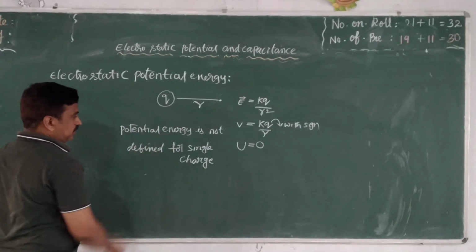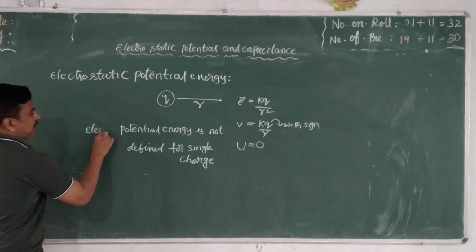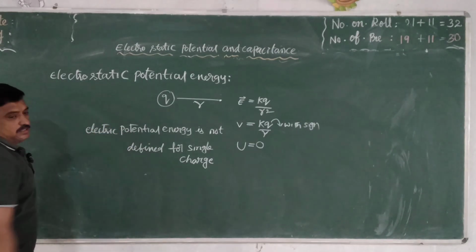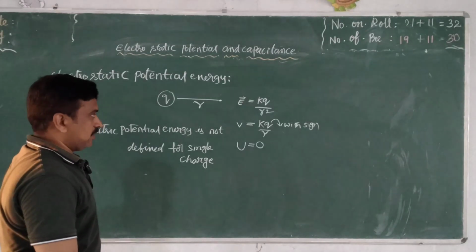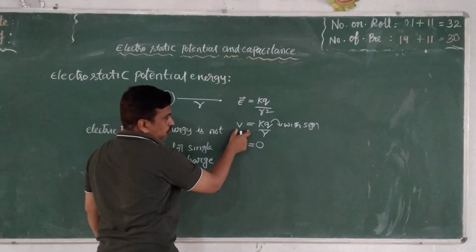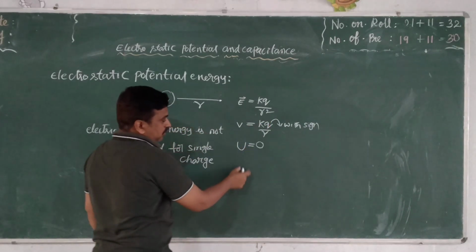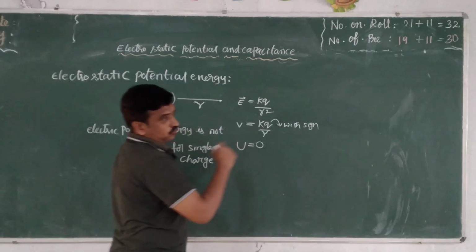Potential energy is nothing but electrostatic potential energy or electric potential energy. Electric field is kq by r square, electric potential is kq by r, and electrostatic potential energy is 0 for a single charge.